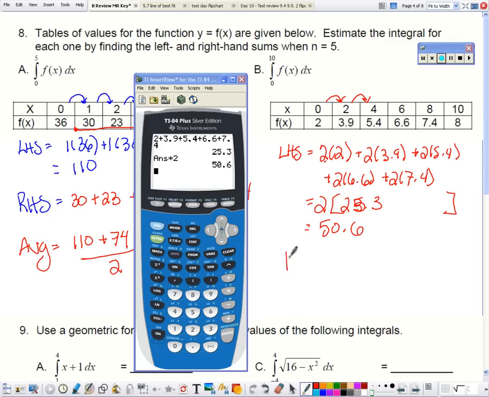So we're going to do the same thing for the right-hand sum. It's going to be 2 times 3.9 plus 5.4 plus 6.6 plus 7.4 plus 8, and that is 62.6.